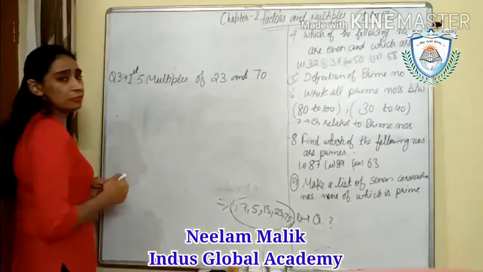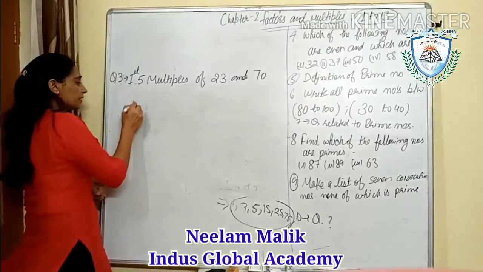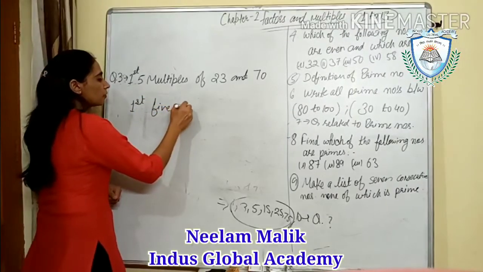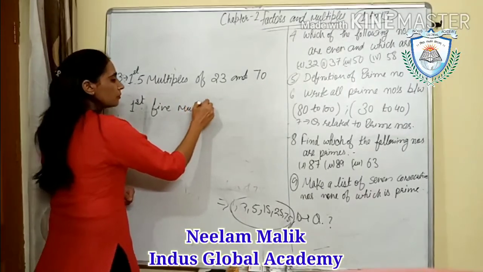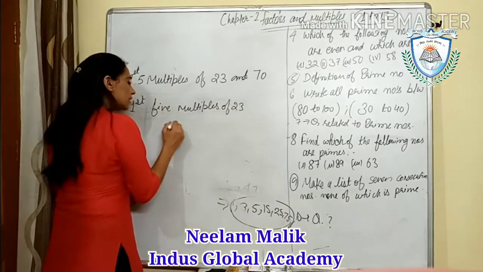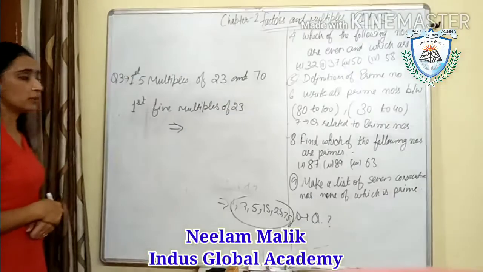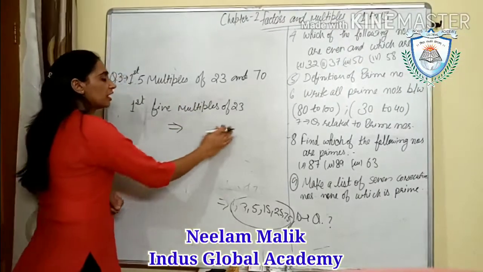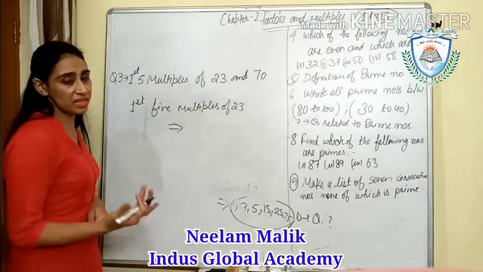What are the first 5 multiples of 23? You will write like this: first 5 multiples of 23. You will write the table of 23. Okay, so one way, if you know the table, you can directly write 23, 46, like this.